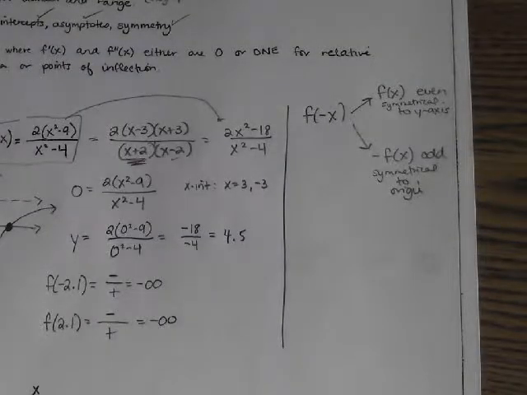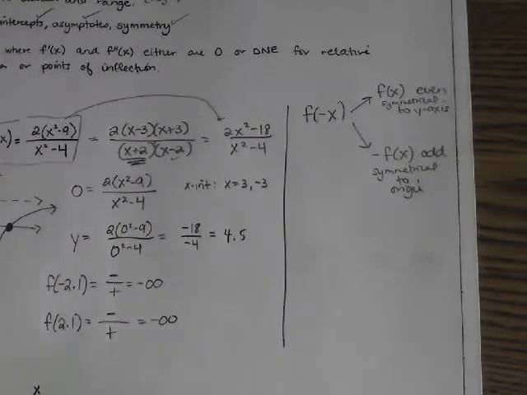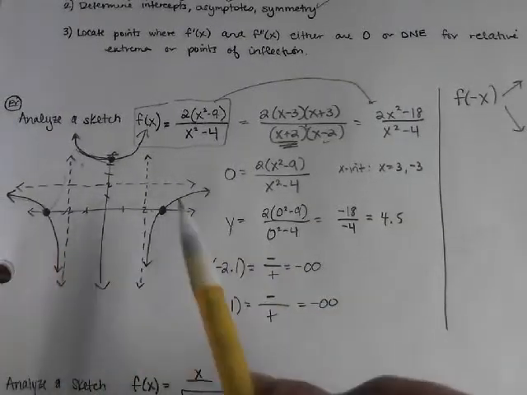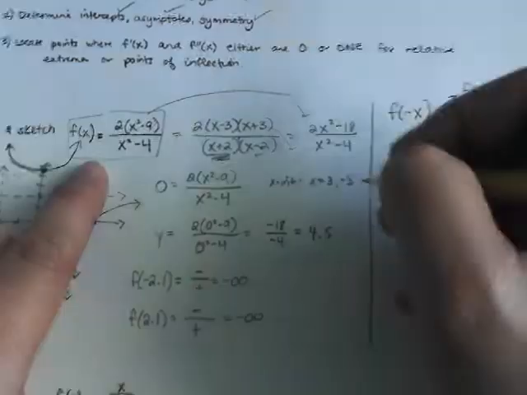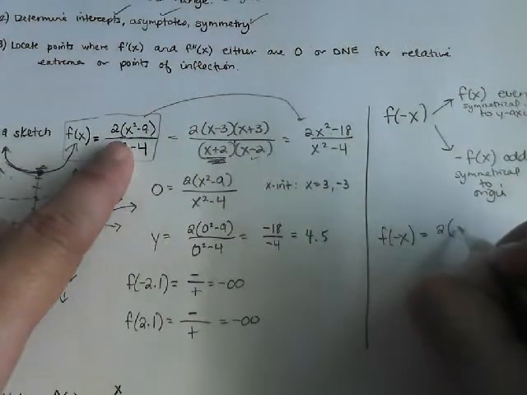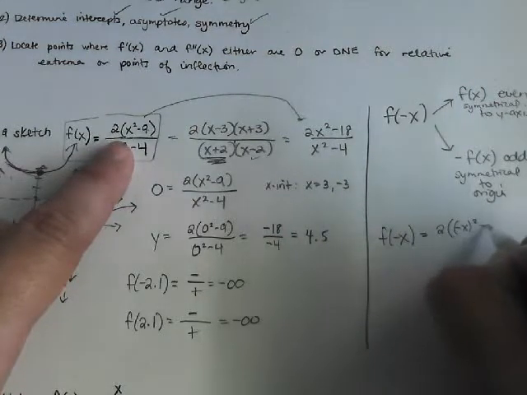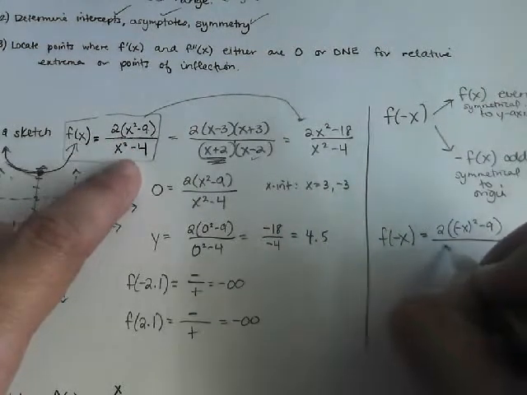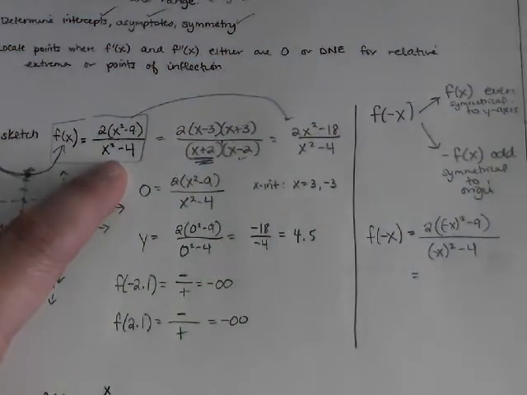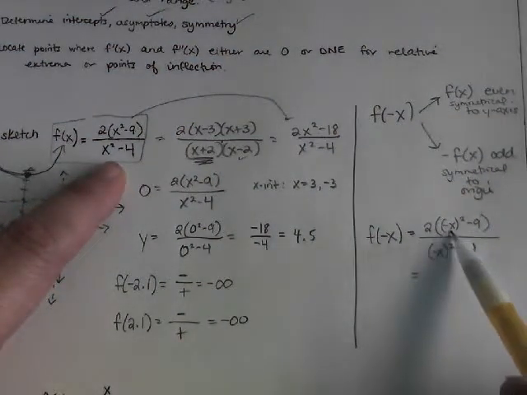And because it's even, then you would know that you have the symmetry, which could have saved us some of these steps. Because this one is an even function. If I plug in negative x and see what happens, 2 times a negative x squared minus 9 over negative x squared minus 4. When you're squaring these negative x's, they're turning right back into the x squareds that they originally were.